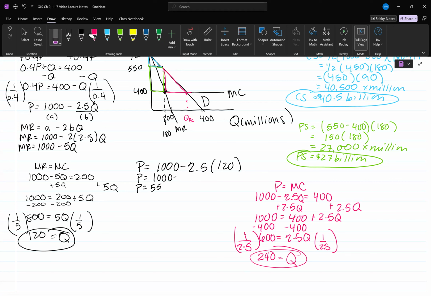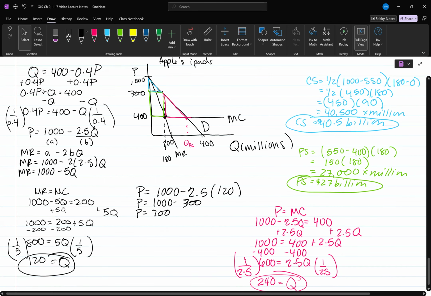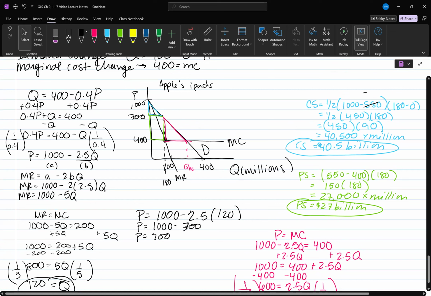It should instead be 700. That makes a little more sense. Sorry about that. And then when we go back, our consumer surplus is going to change.